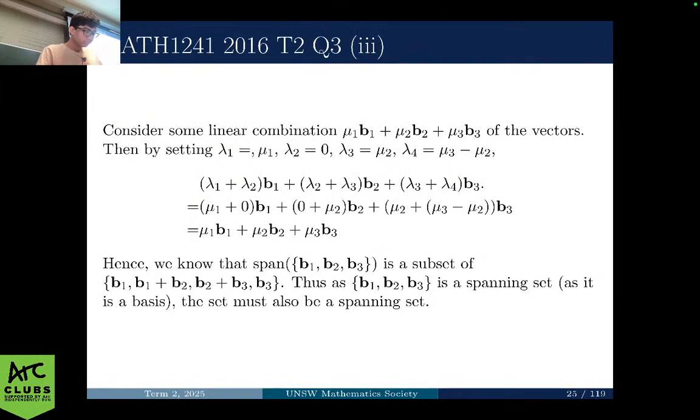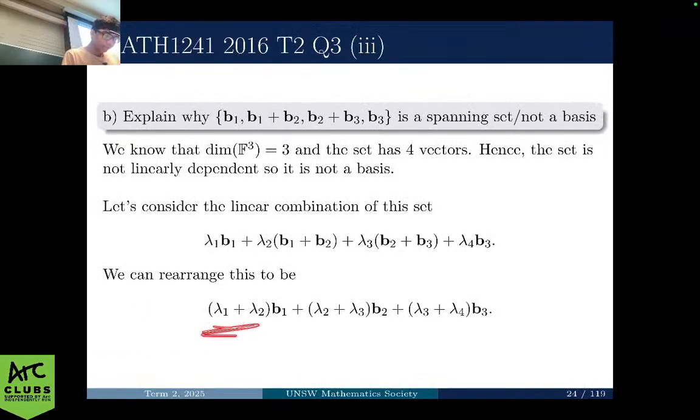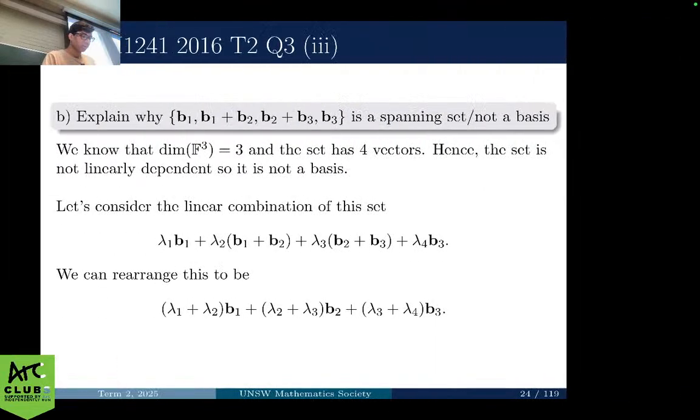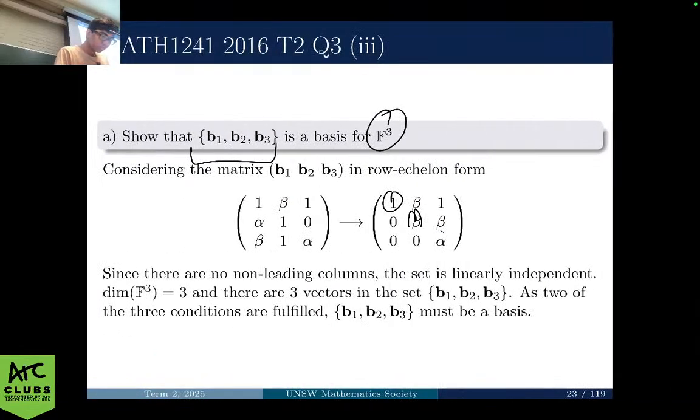So we have considered some linear combination, and this is what we had earlier. So we know these 3 vectors are a basis. We had that initially in our first part, that 2 out of 3 conditions are fulfilled, and so B1, B2, B3 must be a basis.